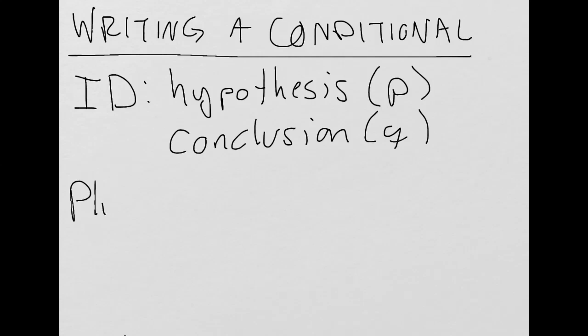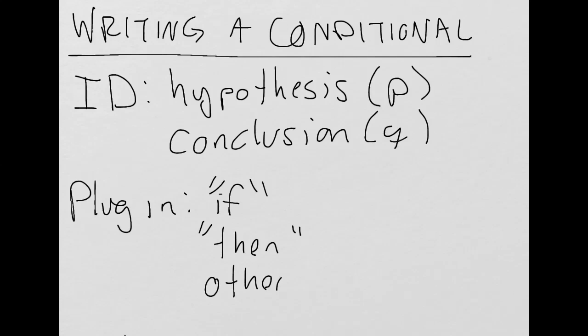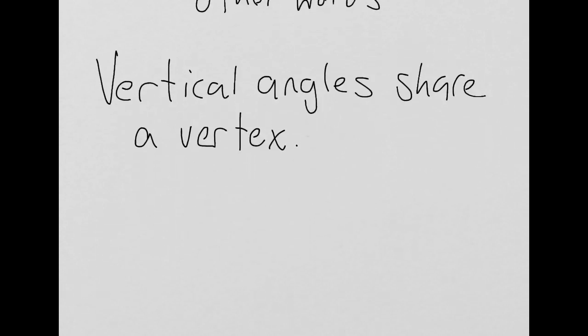From there, we're going to plug in if, and then, and any other words that we're going to need to make this sound like a proper English sentence. So let's go ahead and take a look at an example.